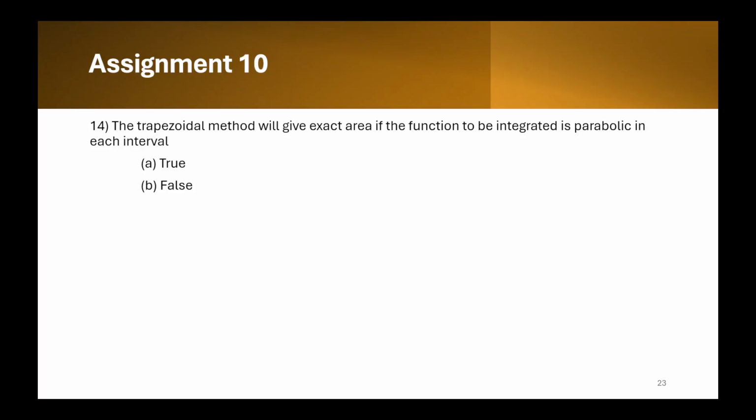The trapezoidal method will give exact area if the function to be integrated is parabolic in each interval. Is this true or a false statement? This is a false statement because of the trapezoidal method.